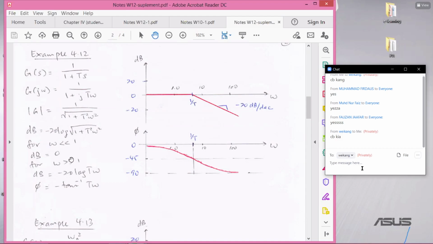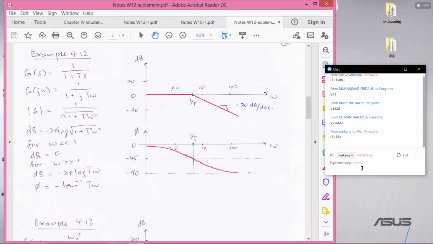And then for large omega, 1 is now negligible compared to that. For example, omega is equal to 100, omega is equal to 1000, 1000 squared plus 1, so 1 is negligible. So you just drop that 1. All you have is negative 20 log of t omega for large omega. So this is how we cheat. We say that for small values, that's 0.